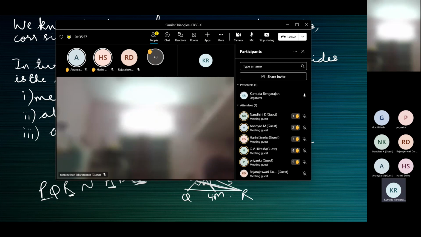The 9th and 8th standard students, they interact. There's at least one person talking. This class, even after this, I'm sorry, the others are least bothered.